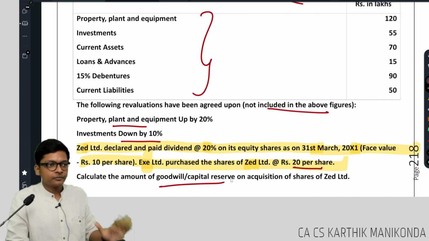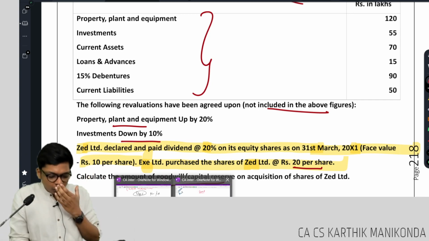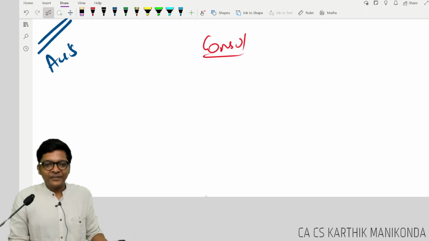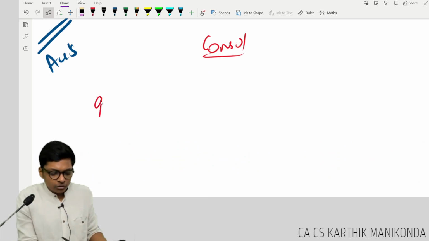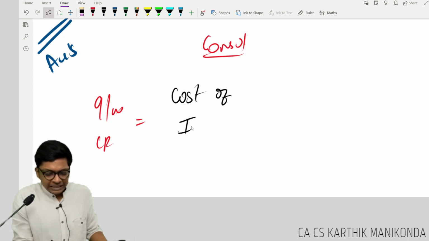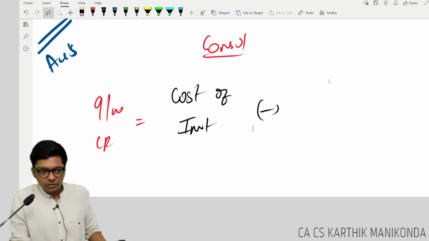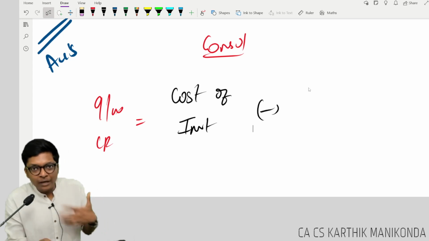This is step number 5. What is step number 5? If you look at your notes, what is step 5 saying? Goodwill or capital reserve, cost of control is equal to cost of investment minus, what is it? What I am buying.